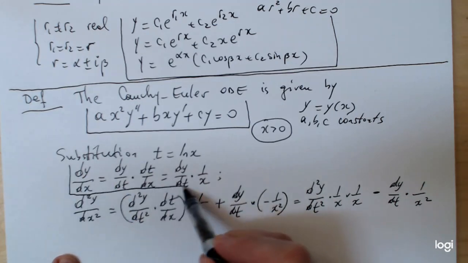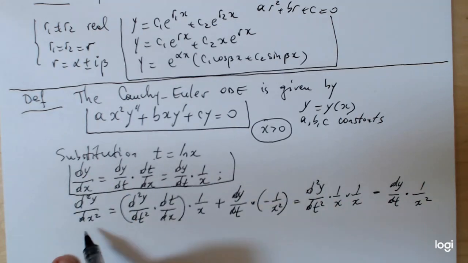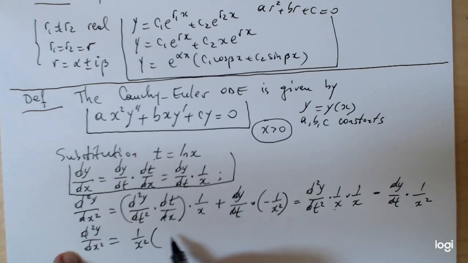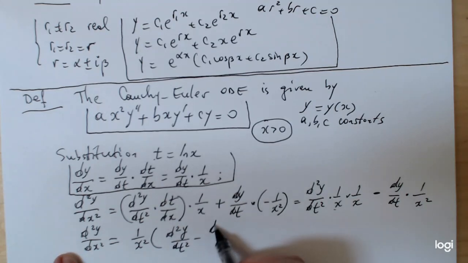So this is the second derivative with respect to x squared, and if we simplify, let's pull out the 1 over x squared. So that gives me 1 over x squared times d2y dt squared minus dy dt.